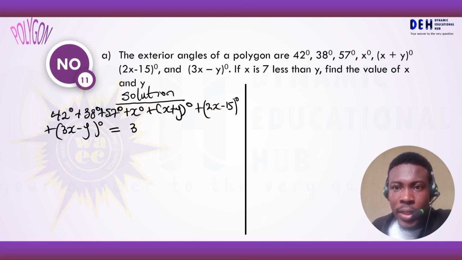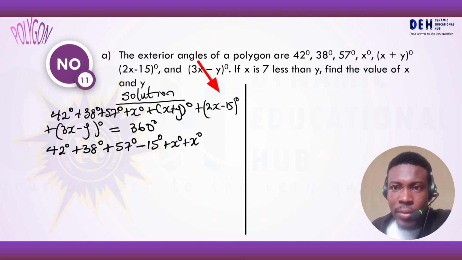Everything should give us 360 degrees, because the sum of the exterior angles of a polygon is equal to 360 degrees. Now let's collect like terms. Bring all the numbers together, and all the x together, y together. So we have 42 degrees plus 38 degrees plus 57 degrees, minus 15 degrees, plus x degrees plus another x degrees.